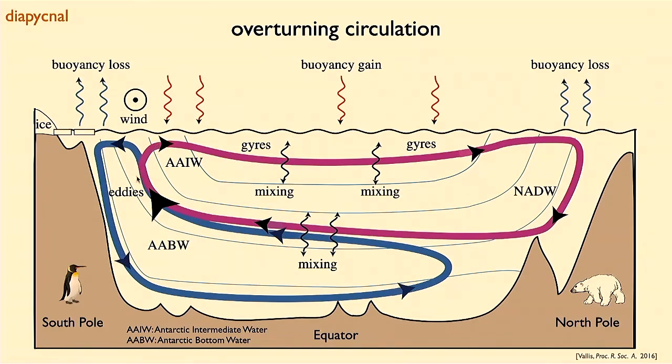And you see these cells cross surfaces of constant density. They have to cross surfaces of constant density somewhere. Otherwise, they wouldn't be able to close. So there are these motions here, for example, that are definitely diapycnal. They cost some energy to do. This motion here is closer to isopycnal because it follows the surface of constant density a little bit.